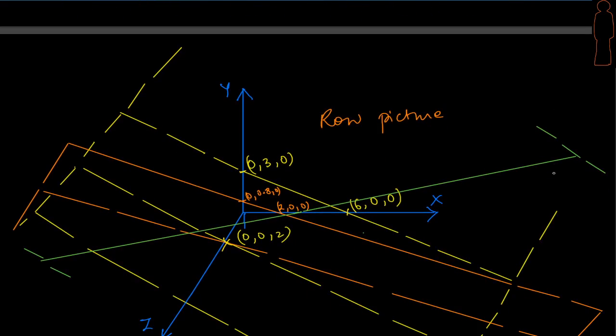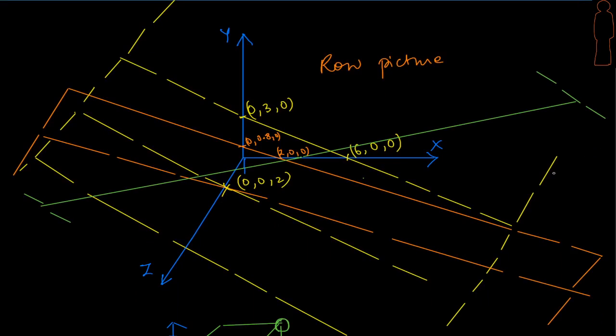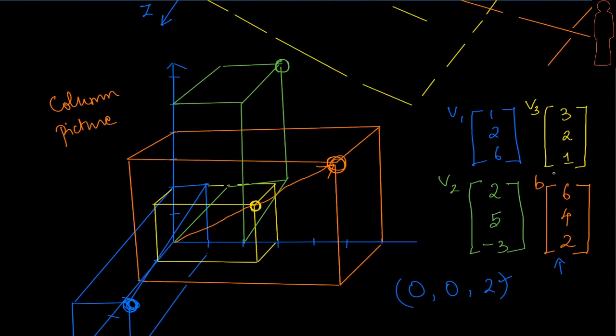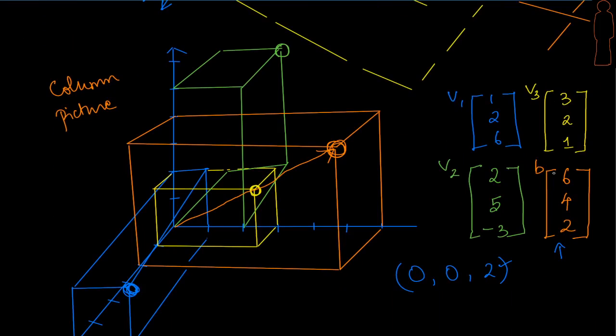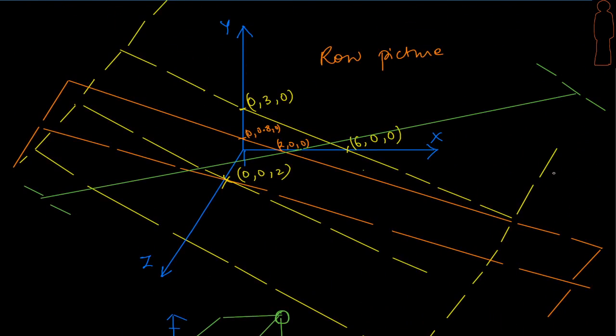And therefore all that we are attempting in this session is to talk about what is the row picture of equations and what is the column picture of equations, right? When we move to 3D, you're able to appreciate that column pictures are quite simple compared to the row pictures, which are really hard to imagine, right?